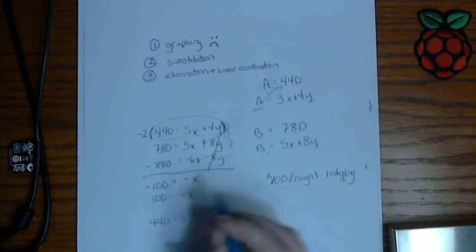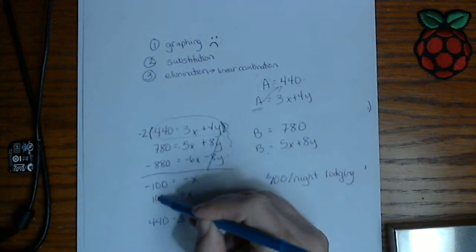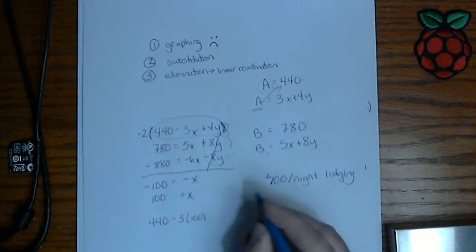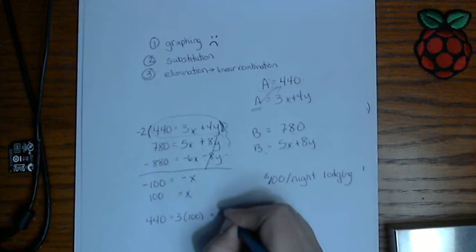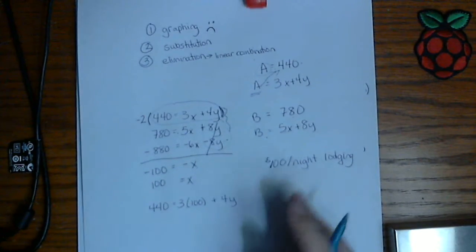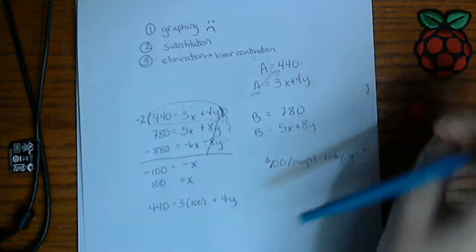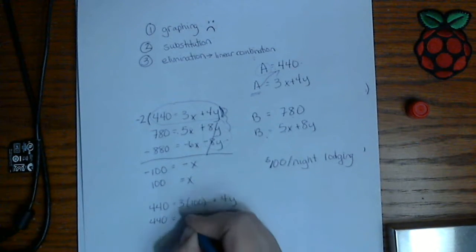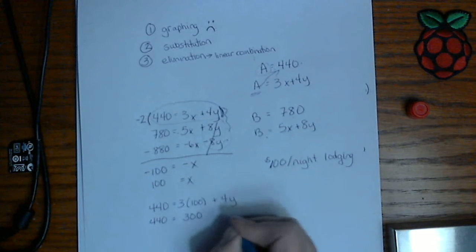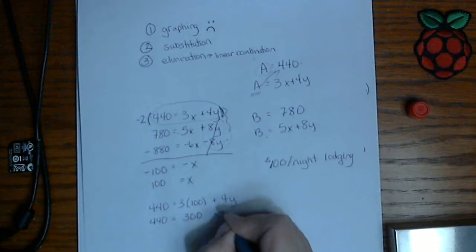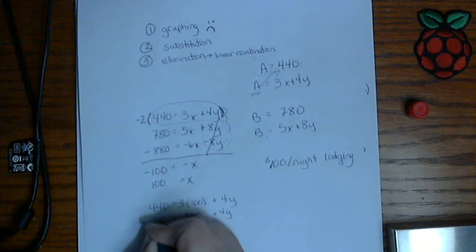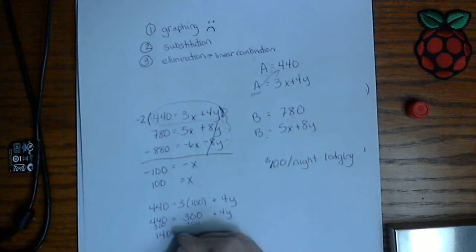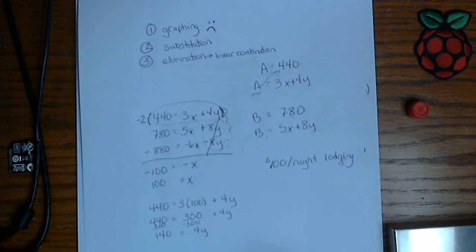440 equals 3 times x, but remember, we know x is 100. So 3 times 100, it's the same thing as 3 times x, plus 4y. Okay? So now 440, using our algebra skills, is going to equal 300 plus 4y, or 140, if we subtract 300 from both sides, equals 4y.